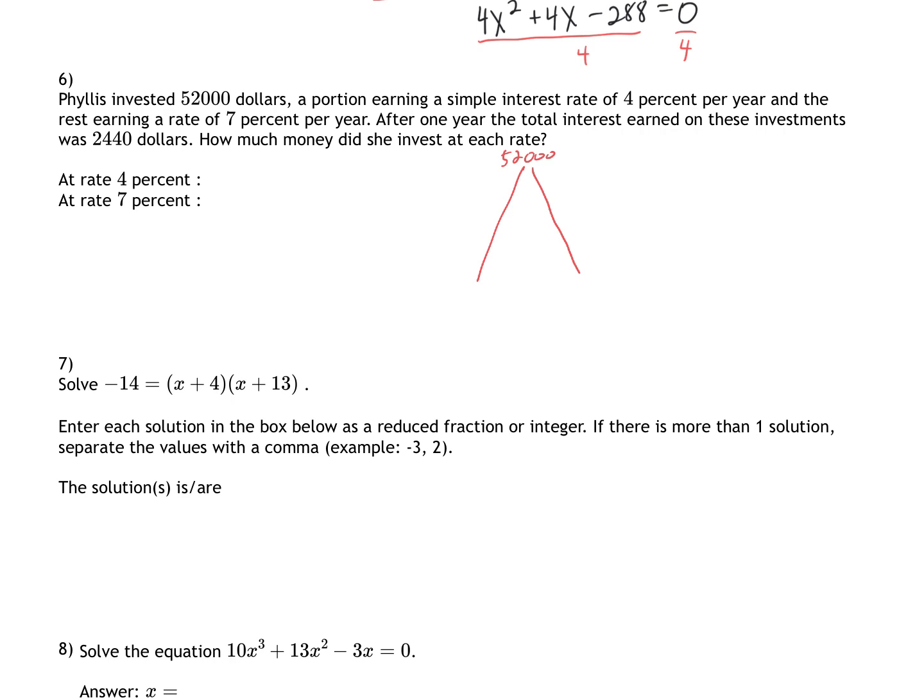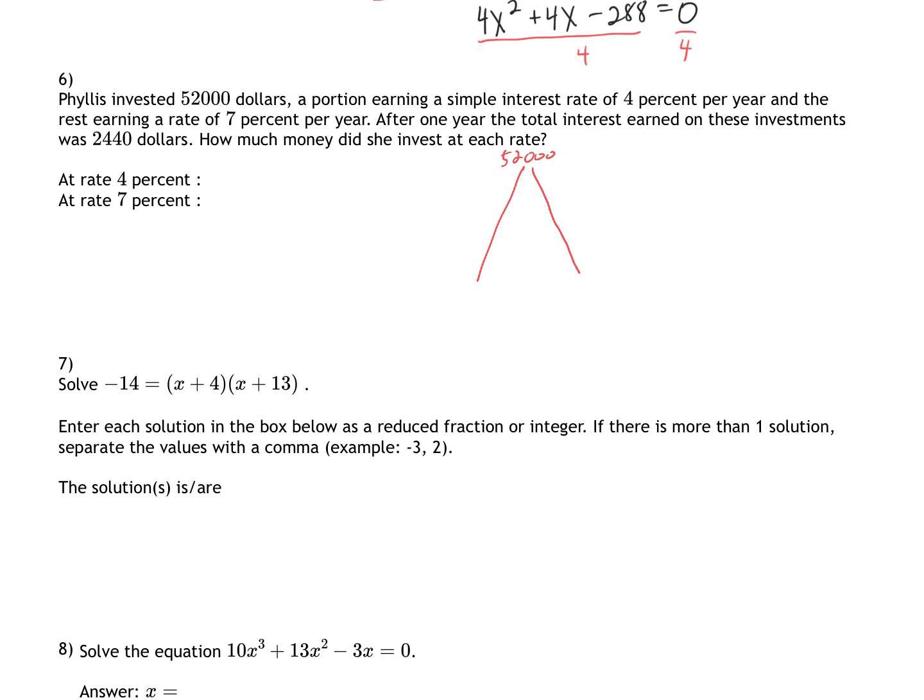Let's say I invested $2,000 in this first account. Then how would I find how much I invested in this other account? Well, I would subtract the total minus 2,000, and that would be 50,000.